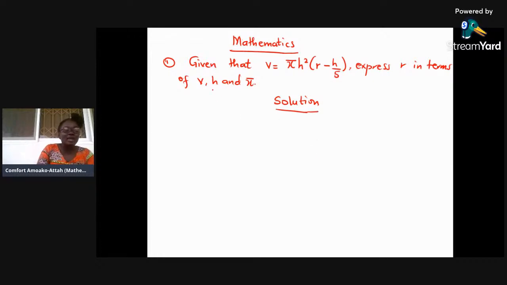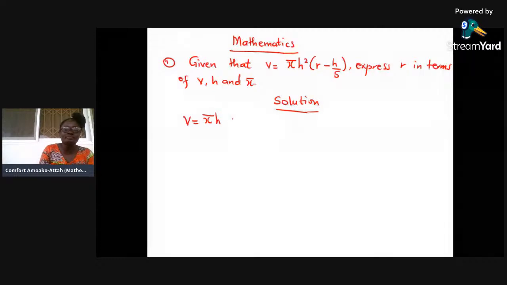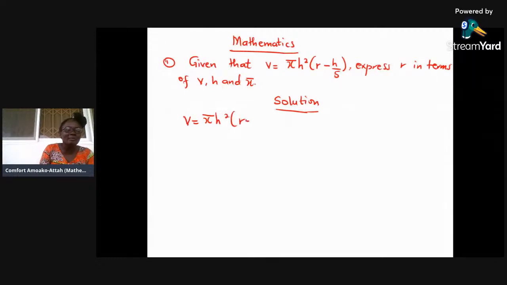We have the equation to be V is equal to pi h squared bracket r minus h over 5 bracket close. And we are to express r in terms of V, h, and pi.